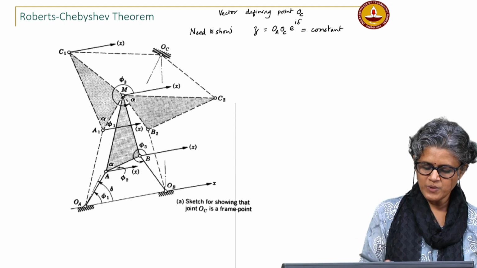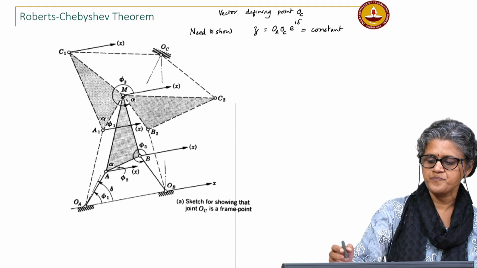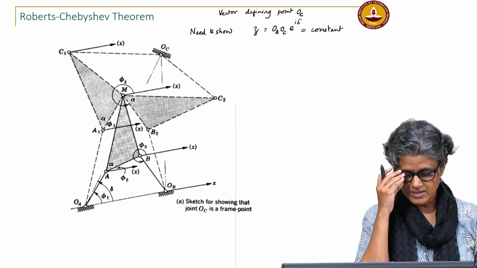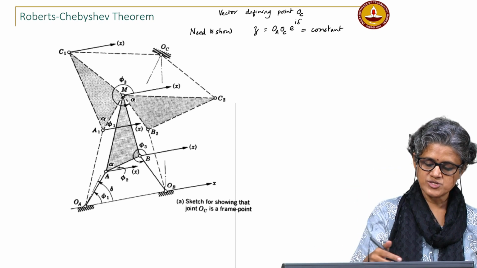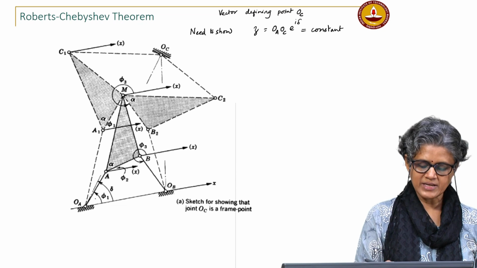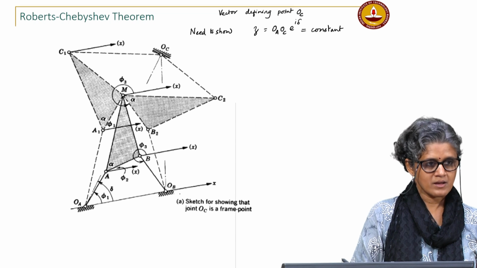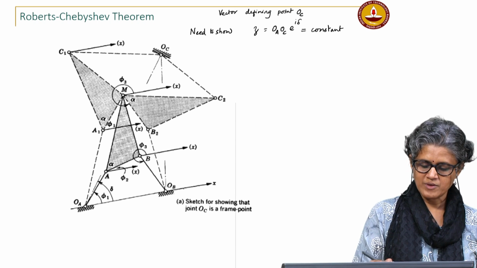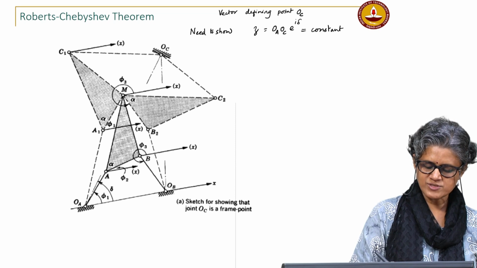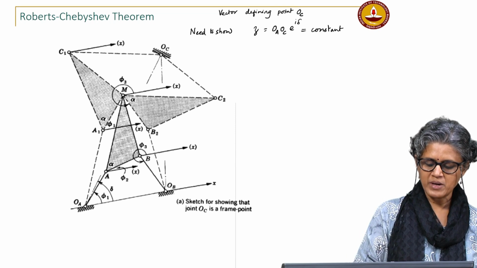Okay. So, what we will do is, we will express this vector in terms of the dimensions of the original linkage. So, I have OA, AB, OB, and M of course. That is my original 4 bar.